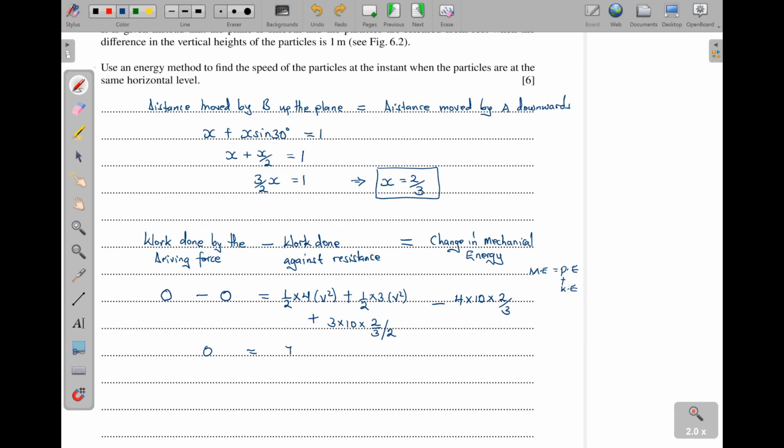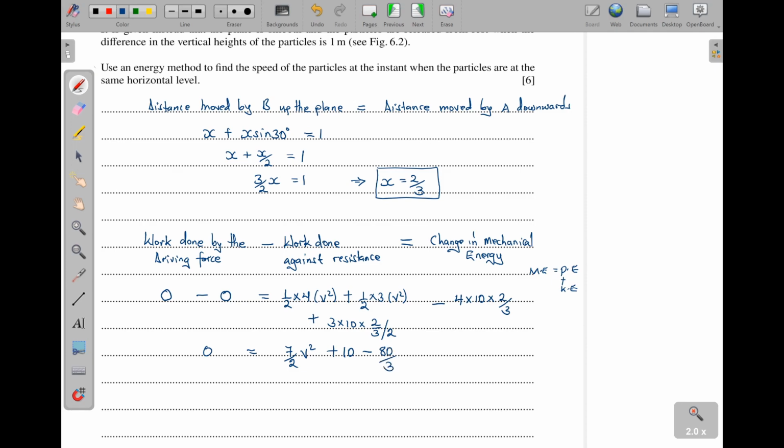So we shall have 7 over 2 of v squared. Then this one is going to be 40 times 2, that is 80. How about here? This 2 will cancel with this, and then this 3 will cancel with this one here. So that means this whole thing gives us a 10. So we are going to have plus 10, then minus 4 times 10, 40 times 2, 80. So minus 80 over 3.